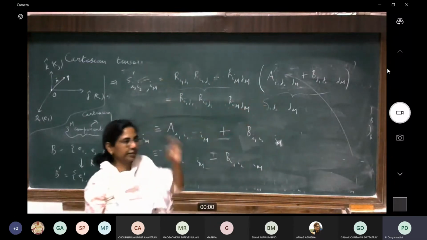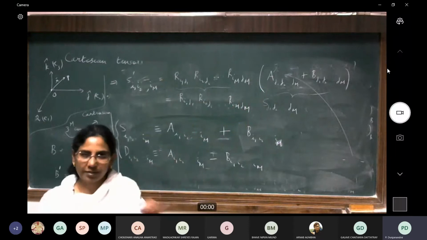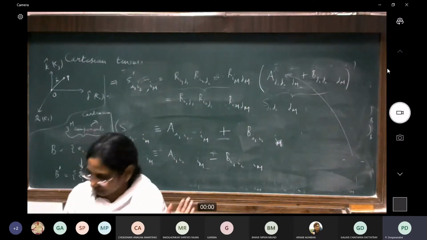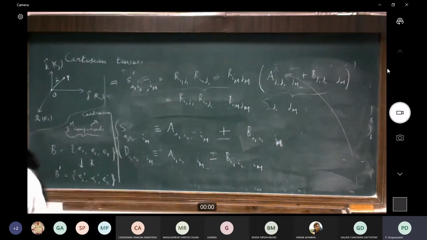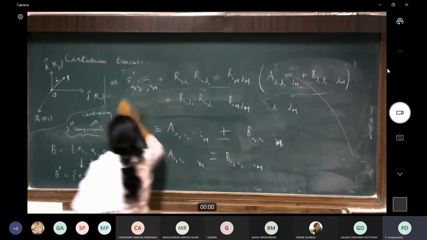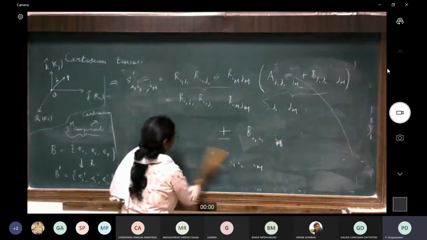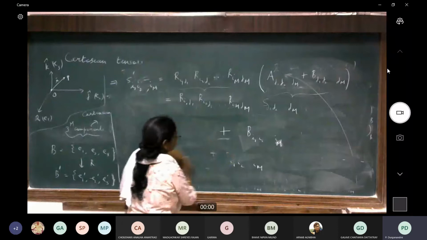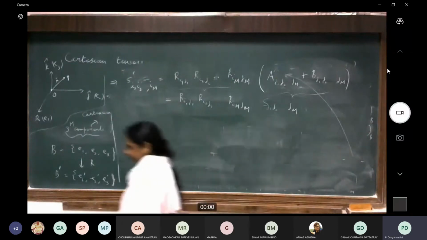So I can only add or subtract tensors of the same rank. I can't do such an operation with tensors of different rank. So what we learned from this is that I can do addition and subtraction of tensors of the same rank, and I will get back tensors of the same rank.